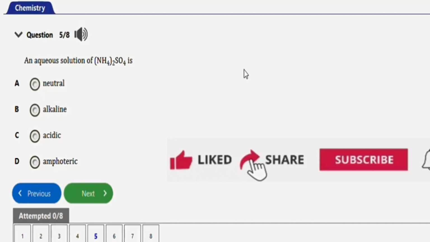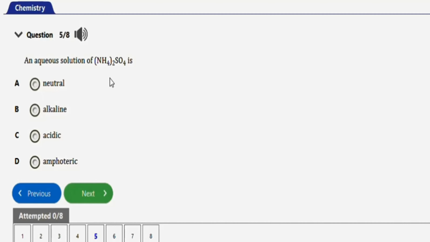So this question says an aqueous solution of ammonium sulfate is what? So in this question, aqueous means water, so that means this compound will dissolve in water.